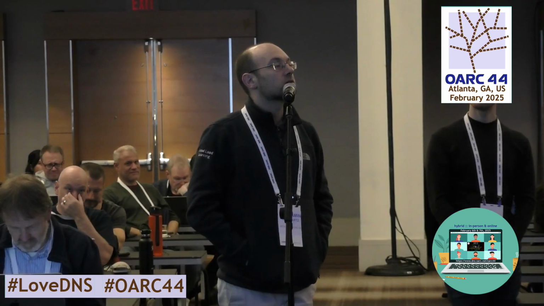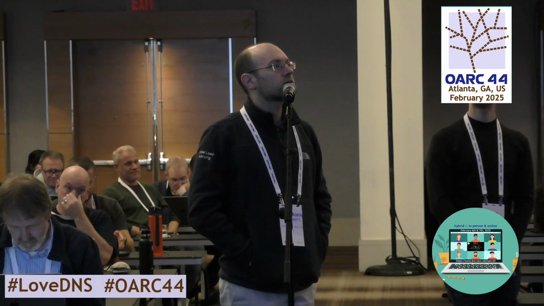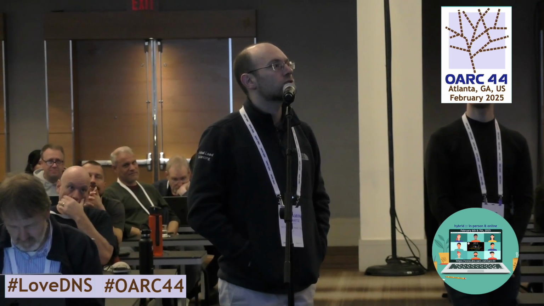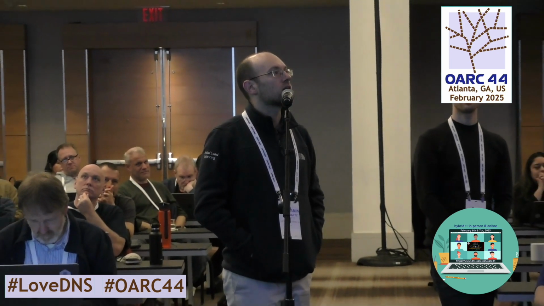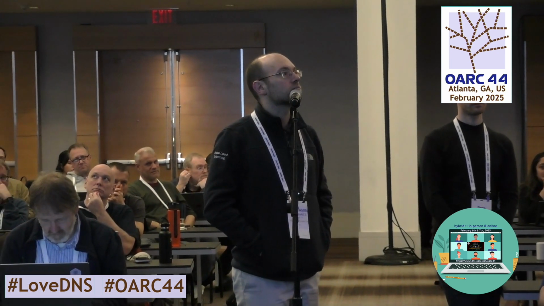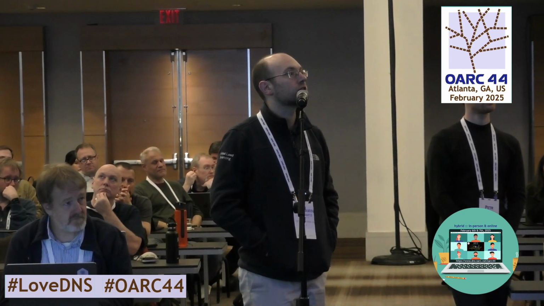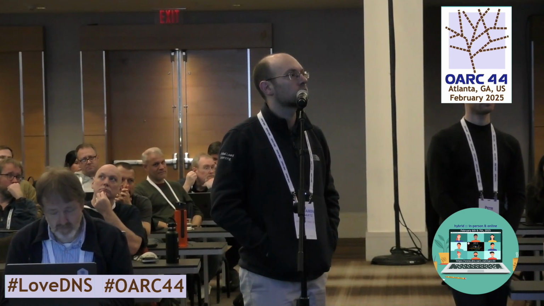Hi, Ben Schwartz. If I understand correctly, this is equivalent to essentially inserting a large number of intermediate names between each pair of adjacent names in the zone. Yeah, you can think of it that way, but the actual name does not exist. Right.